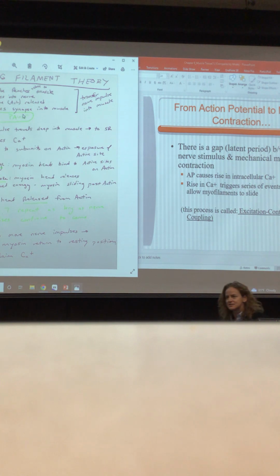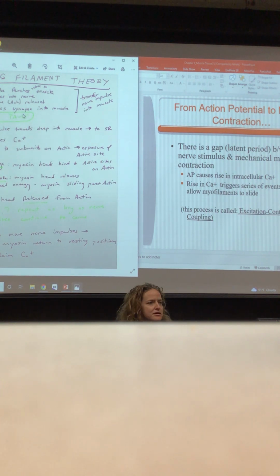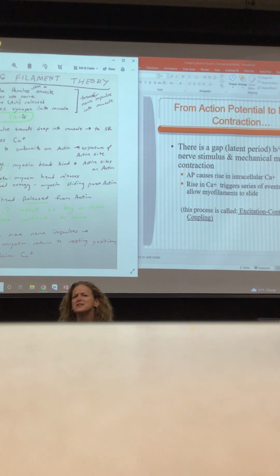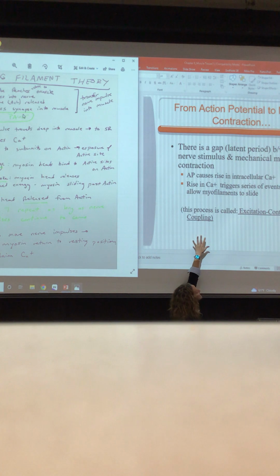Basically, it pauses to let the muscle get ready, to let that nerve impulse get deeper into the muscle. We're talking about milliseconds. Sometimes you might see that called excitation contraction coupling. We don't need to get that specific.